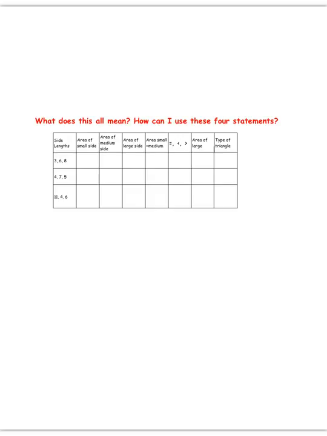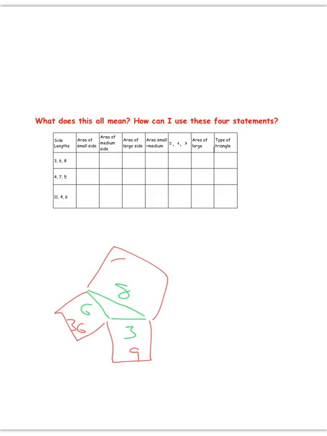If I have side lengths of 6, 8, and 3, what kind of triangle is it? Let's see here. Here's a side length of 3, a side length of 6, and a side length of 8. If we go back and look, the area of the small side is 9, the area of the medium side is 36, and the area of the large side is 64.